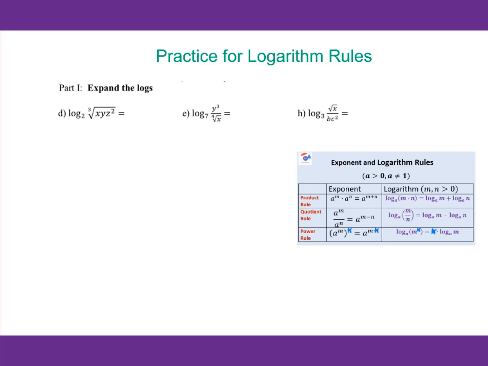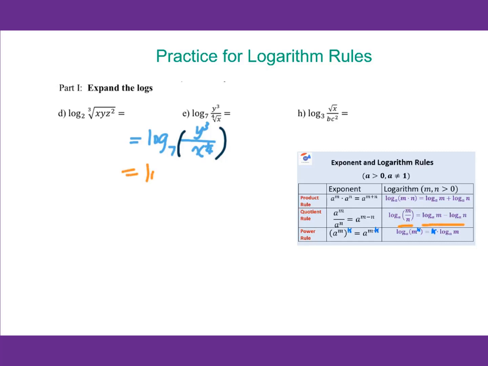Now let's go to E. You will get the log base 7 of y to the third power over x to the 1/4 power. Division of an argument, you have to subtract the logs.